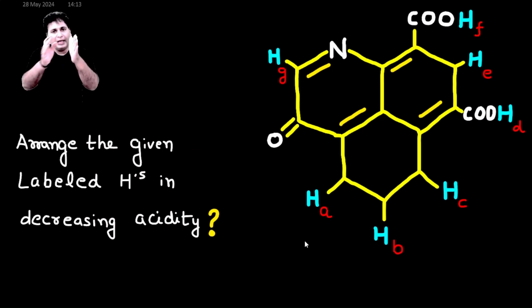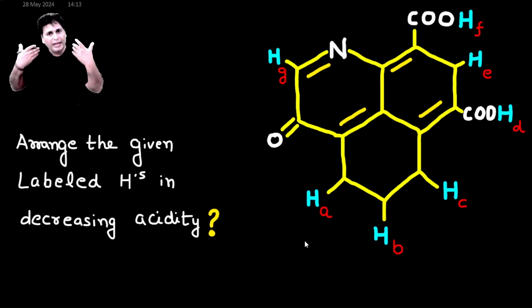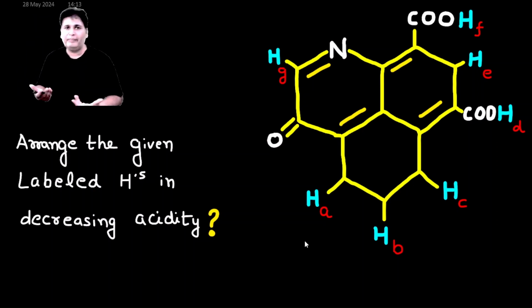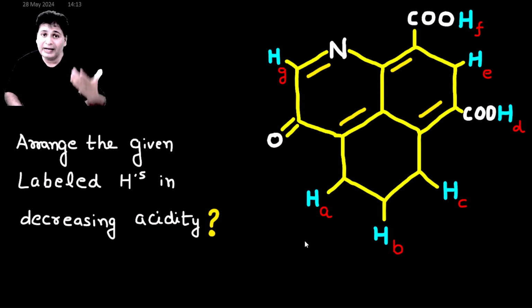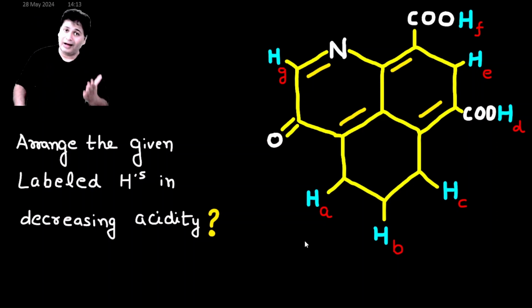Now you will keep on doing this one by one, and as you make that conjugate base, you should check its stability. You should check whether that carbanion or anion is stable or unstable.